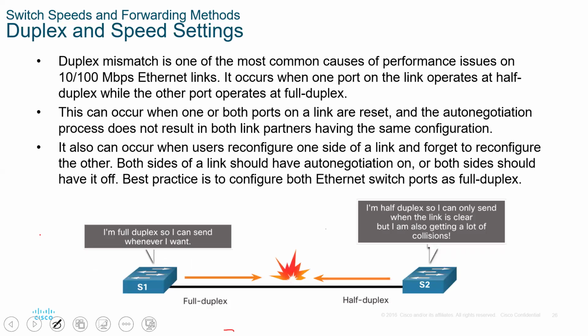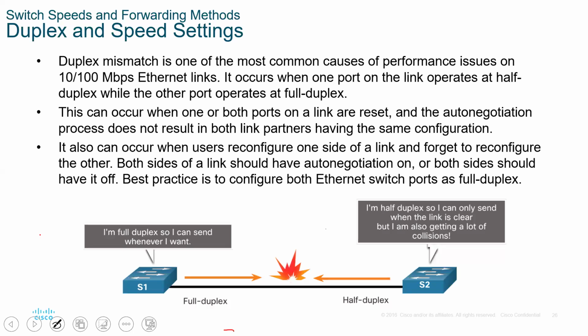Now, duplex mismatch sometimes happens and is very common in Fast Ethernet switches, that is, switches that run on 10 Mbps or 100 Mbps. It occurs when one port on the link operates at half duplex while the other port operates at full duplex. Once you have that, you always have duplex mismatch.